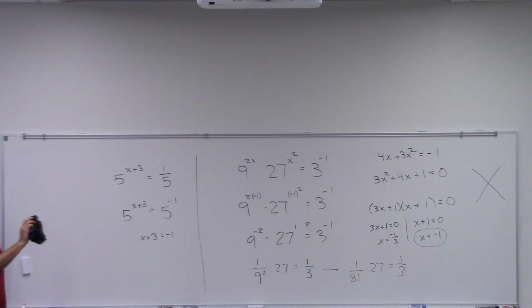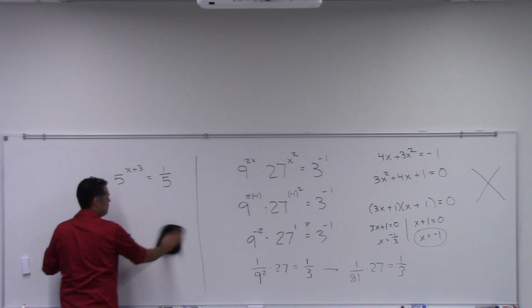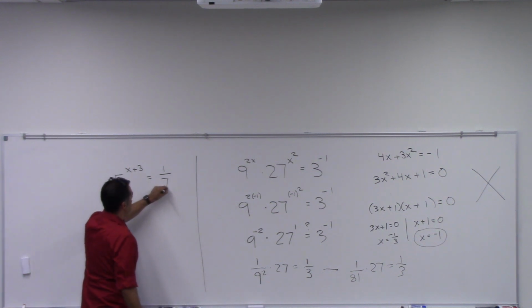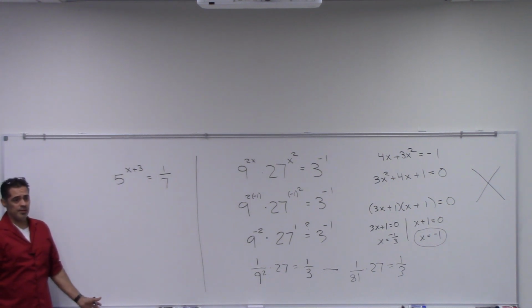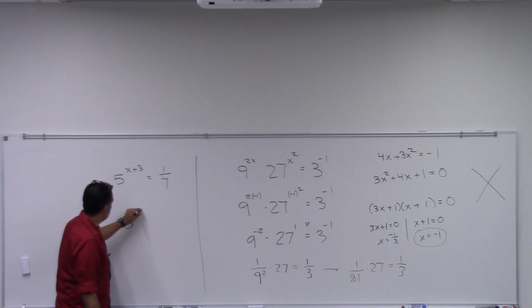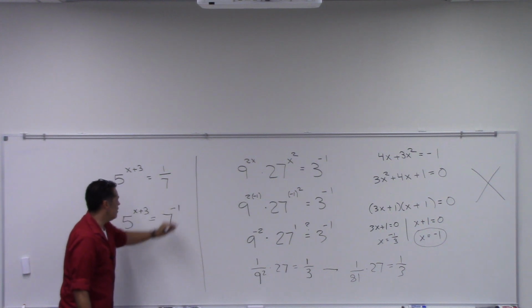Now I want to remind you of something here, all right? See the problem here that we did, this one? If I change this 5 to a 7, it's over. It's over for us because over is not good. Because we could rewrite that as 7 to the negative 1, right?